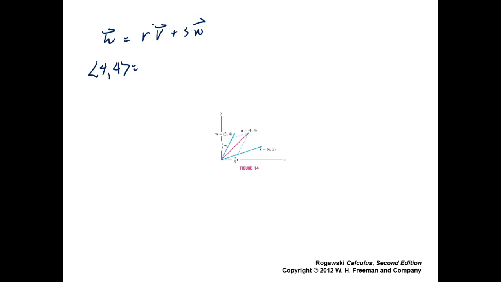And this is equal to R times 6, 2 plus S times W, which was 2, 4. Okay. I admit this is a little messy, but man, it's really hard to. All right, that's a little better.